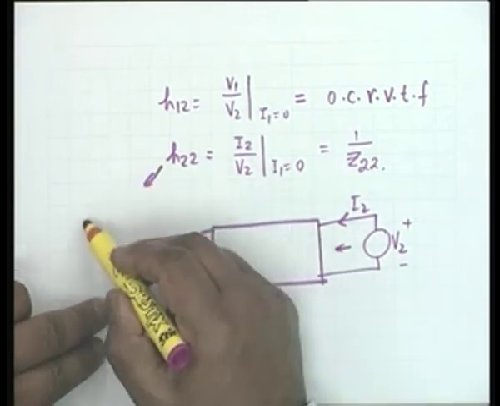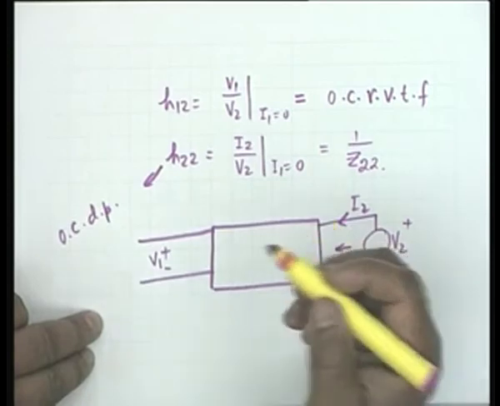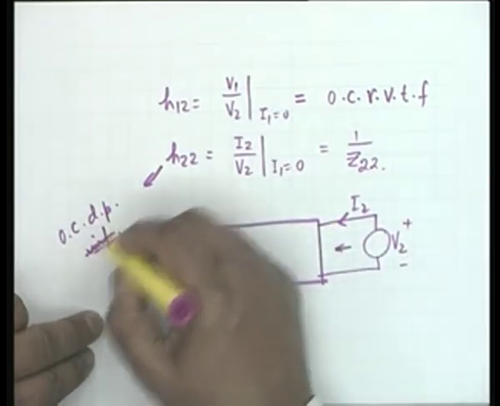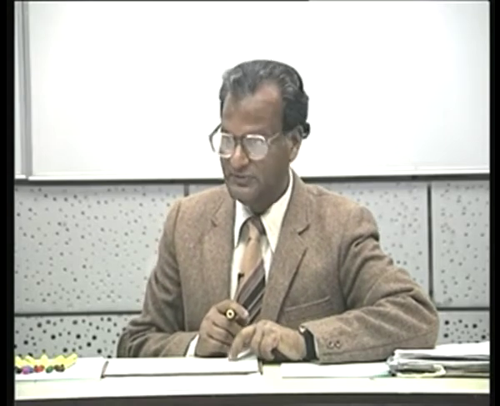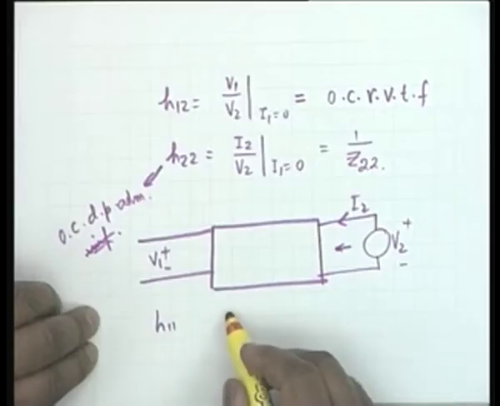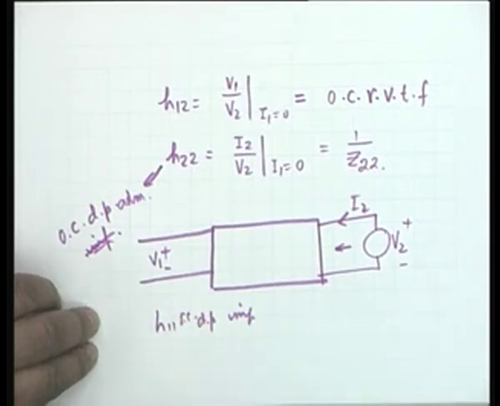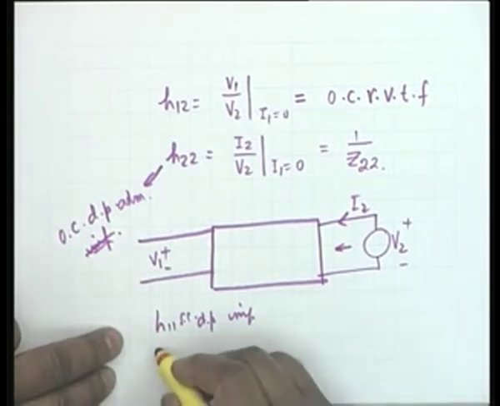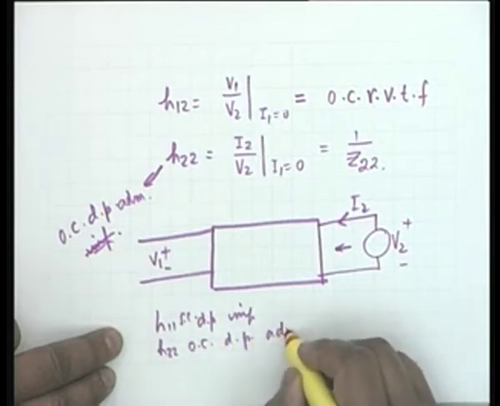So, H22 is the open circuit driving point admittance function. Now, let us look at the dimensions. H11 was impedance, and it is driving point, and it is short circuit. H11 is short circuit driving point impedance. H22 is open circuit driving point admittance.